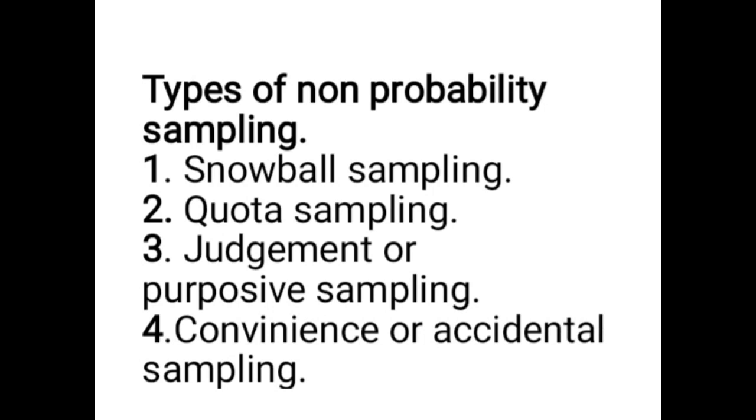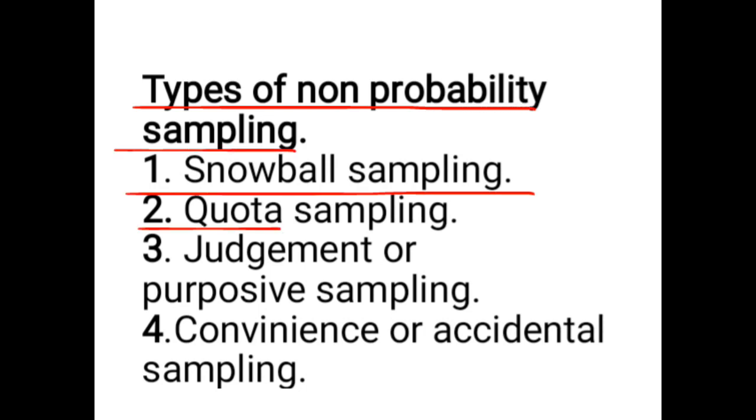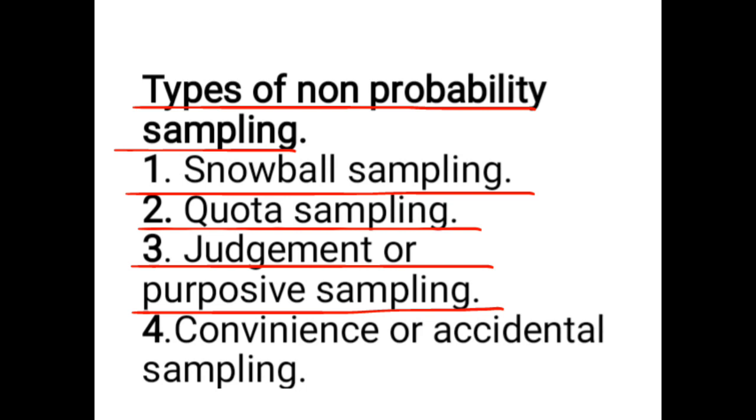Now, under non-probability sampling, there are types of non-probability sampling. These are snowball sampling, quota sampling, judgmental, or sometimes called purposive sampling, and convenience, or sometimes called accidental sampling. Now, let us study these types of non-probability sampling one after another in detail.